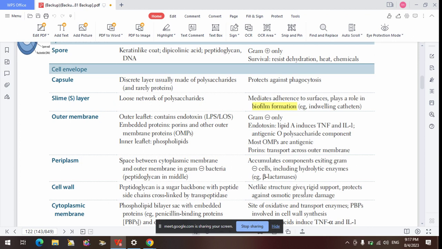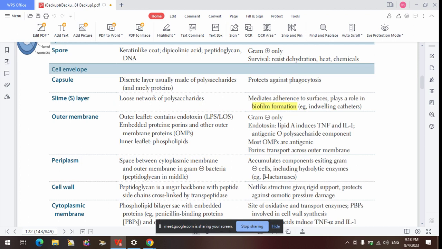The transport enzymes are there, like sodium potassium ATPase. You guys know that sodium potassium ATPase is present in almost all the cell membranes. It has to be there. It's a transport enzyme because it will allow for transfer of sodium and potassium. Oxidative enzymes like peroxidase and all those things to maintain normal metabolism in the bacteria.